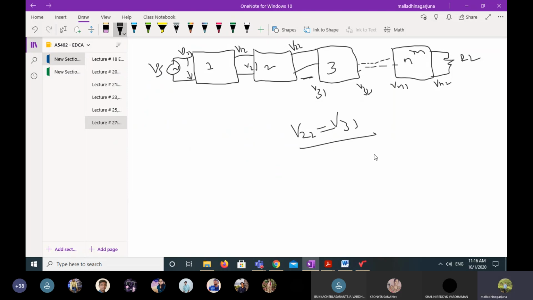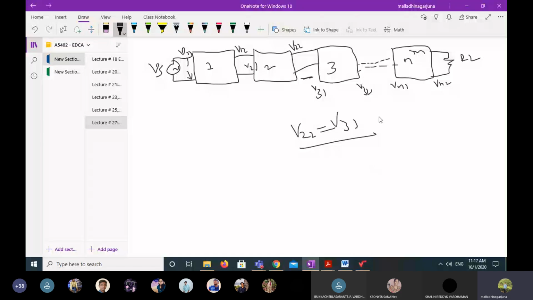What I told is that the output voltage of one stage is equal to the input of the next stage. So the same voltage will be applied to the input of the next stage. V22 is the output of the second stage, and the same voltage will act as the input of the third stage. So V22 equals V31. Is it clear?